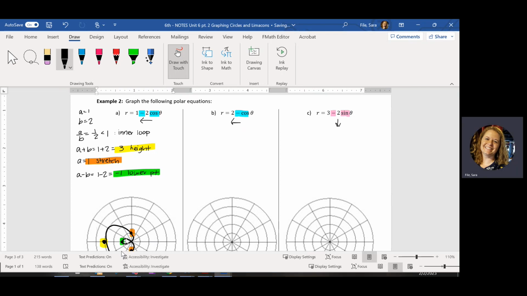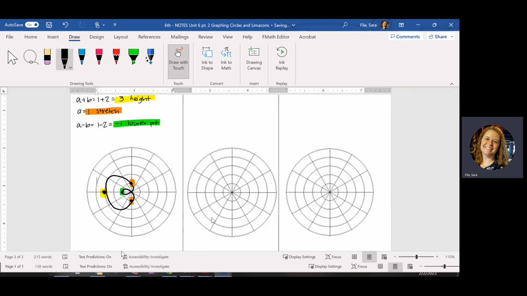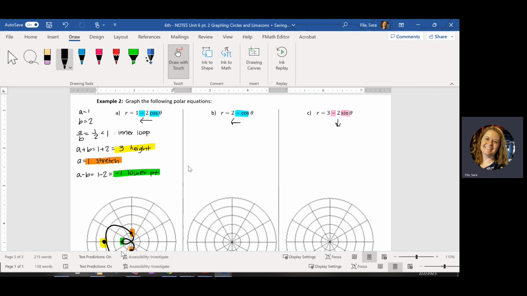At 60 degrees, at 120, at 150. I could plot additional points by making a table of values. Do y'all understand that? So that's how you could make it more accurate and see exactly how far out these pieces should go. Does that make sense?